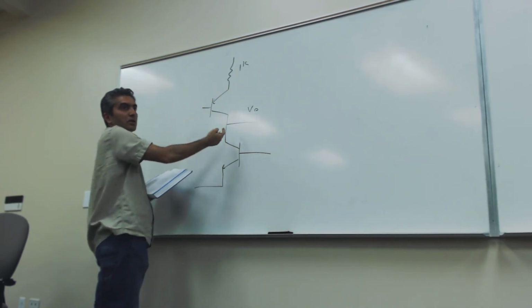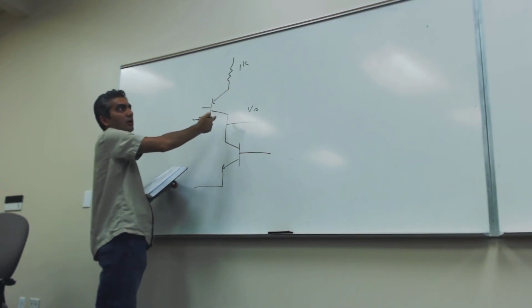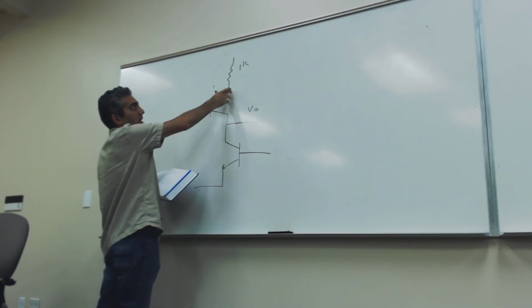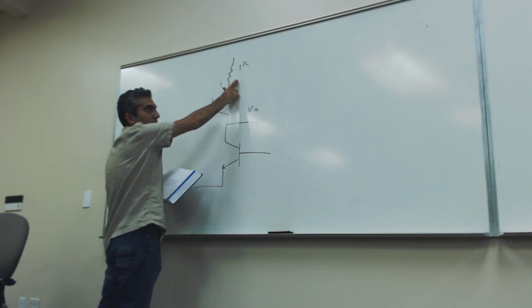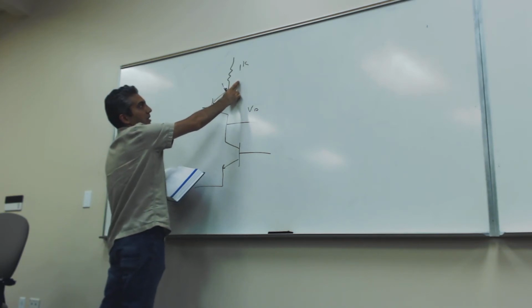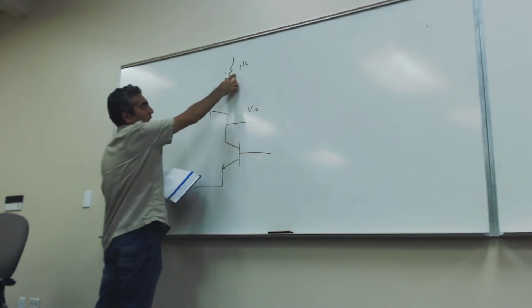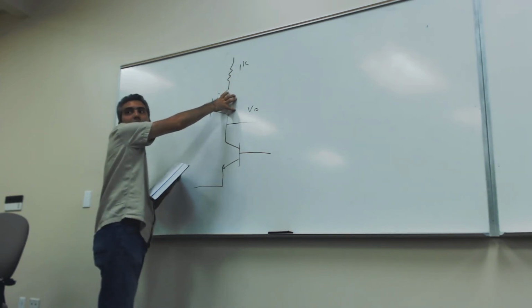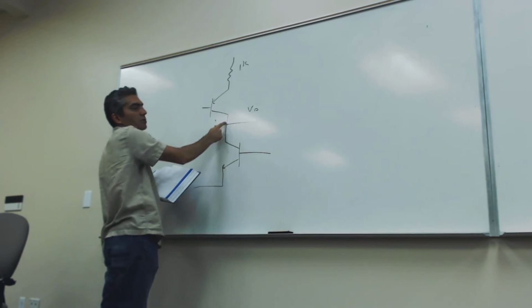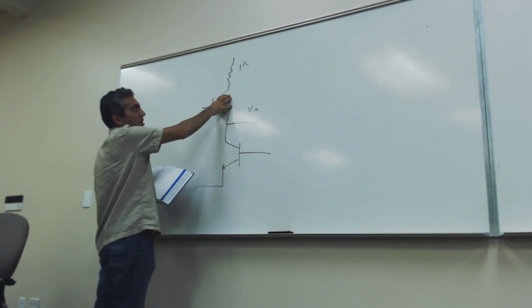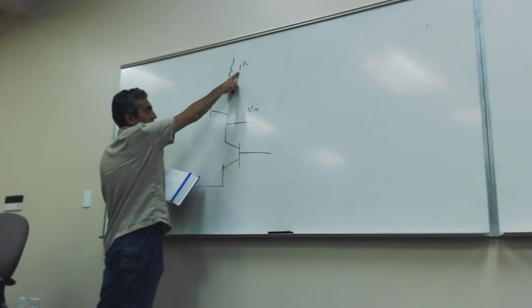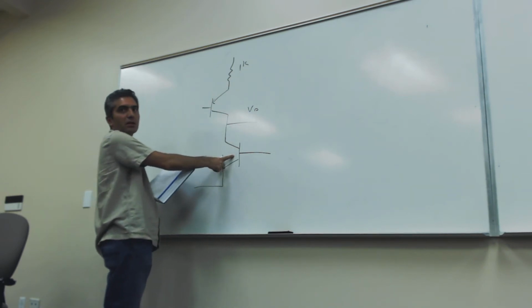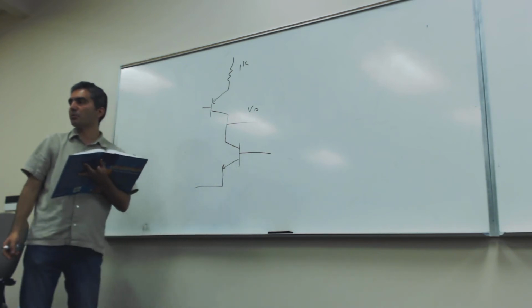And we have done this, looking into the collector or the drain of a transistor where there is a resistor in the source or the emitter, you get a larger resistance because that resistance gets multiplied by the gain of this stage, or GM R naught of this stage, and shows up in the collector. So there is a GM R naught of this transistor times that 1K that shows up here. Looking down, you see the R naught of this other transistor, the two in parallel, is the output resistance.